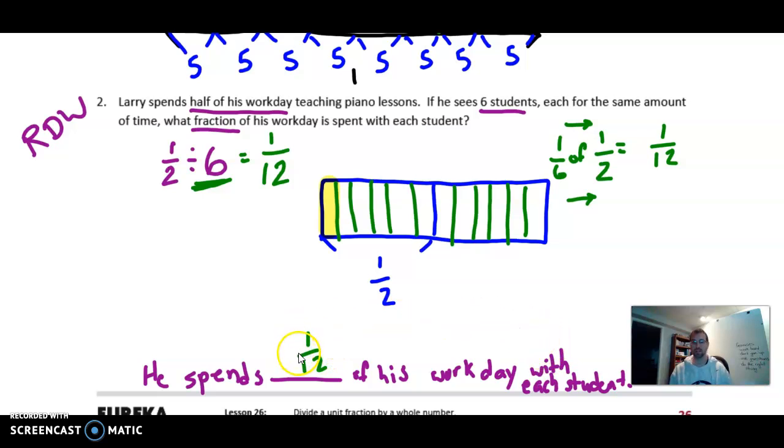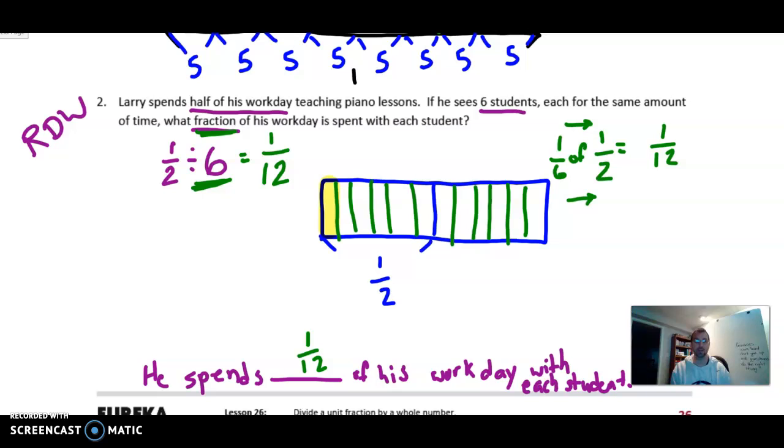Yeah. Would it make sense that he spends 12 of his work day with each student if we flipped them? No, it doesn't seem reasonable. 12 what? We didn't even have a label here. It would have to be minutes or hours, and we can convert it if we really needed to, but it's not asking us there. It's asking us for a fraction. So keep that in mind.